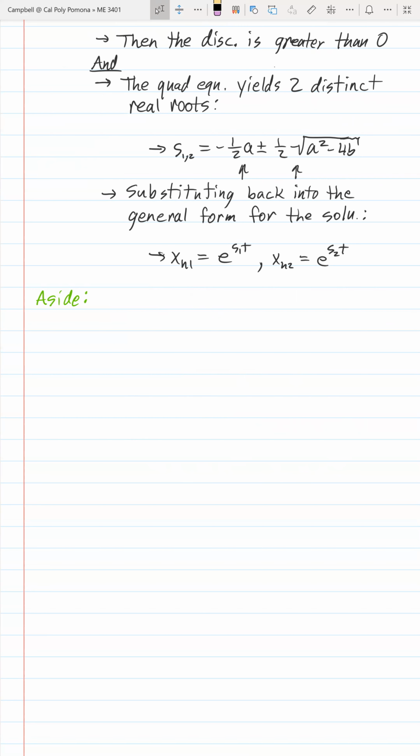then what does that mean? Well, that means that if I have XH1 double dot plus A XH1 dot plus B XH1, if that XH1 is a solution, that has to give me 0. Right? It wouldn't be a solution otherwise.